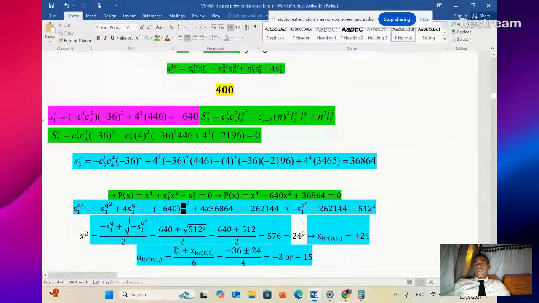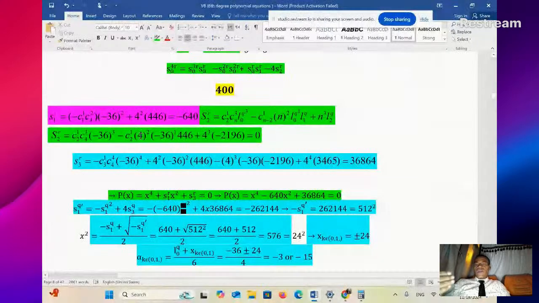S2 now is known from the formula. This is the formula, just substitution. You will get S2 is combination 4 choose 3 times negative 36 raised to the power 3 minus combination 4 choose 1 whole square times negative 36 raised to the power 1. Why is it 4 here? Because now you are working with a fourth degree polynomial equation.